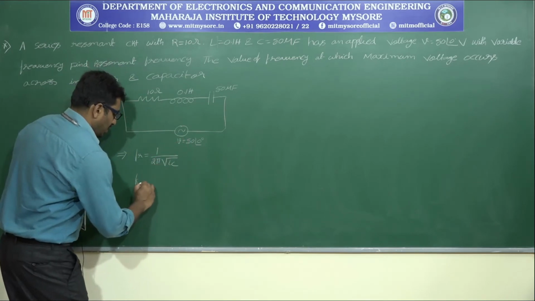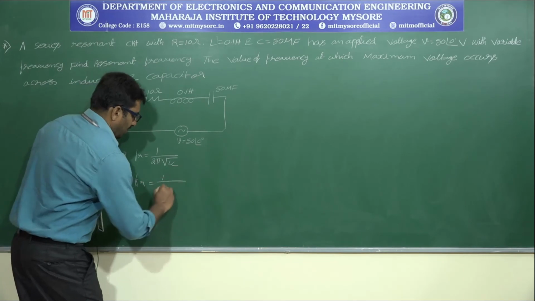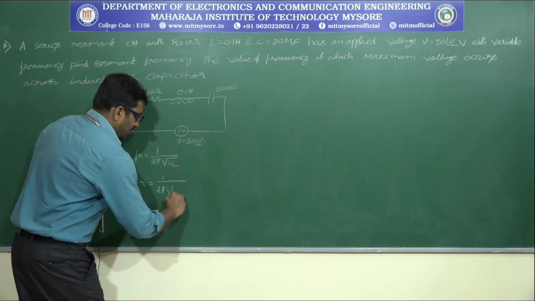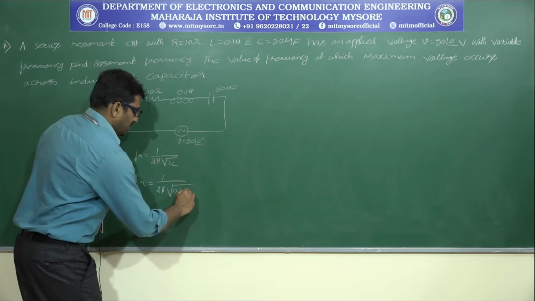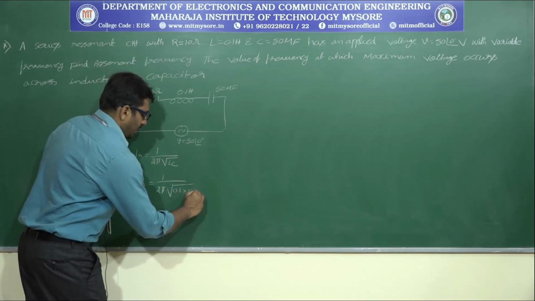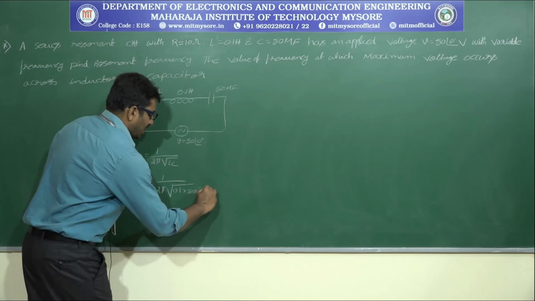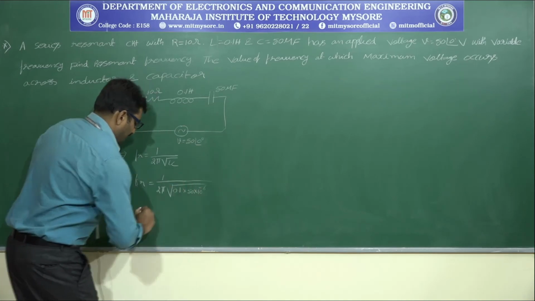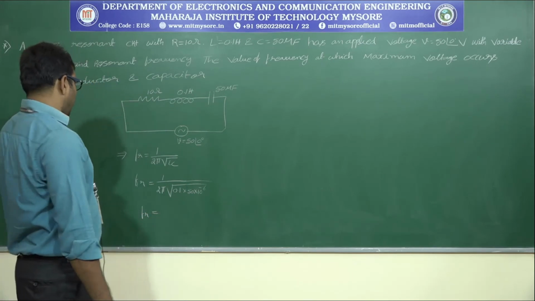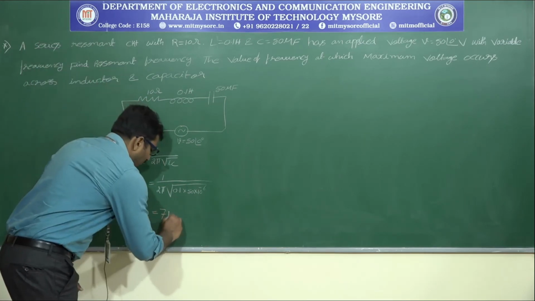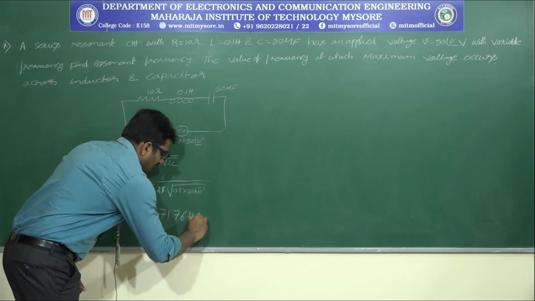Therefore, Fr is equal to 1 divided by 2 pi square root of, what is the L value? 0.1 Henry into C, 50 into 10 power minus 6 microfarad. So, is it clear? Therefore, you will get Fr is equal to 71.76 hertz.